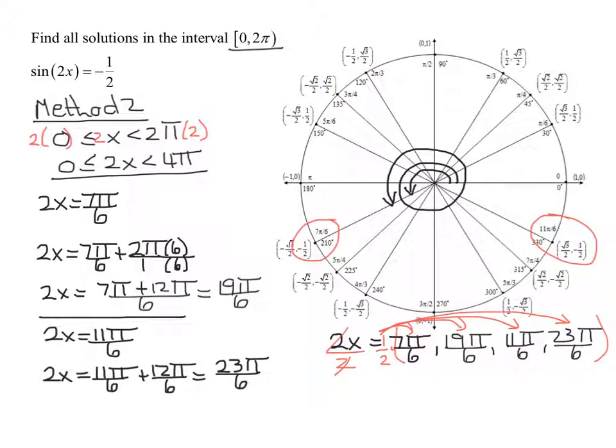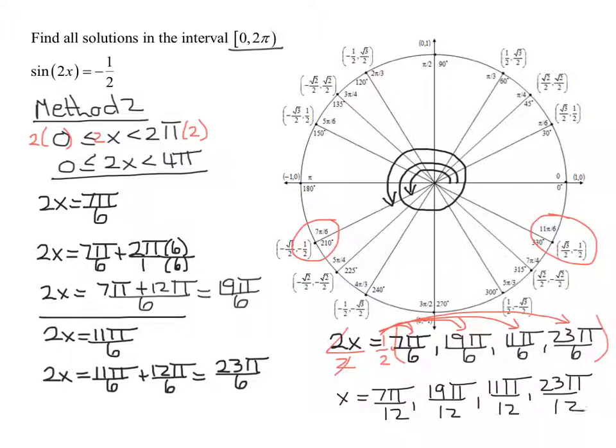Well, 7 pi times 1 is 7 pi, over 6 times 2 is 12. So multiplying each of these answers by a half is just going to turn each of these denominators into 12. So I get x equals 7 pi over 12, 19 pi over 12, 11 pi over 12, and 23 pi over 12. So those are the answers using method 2.